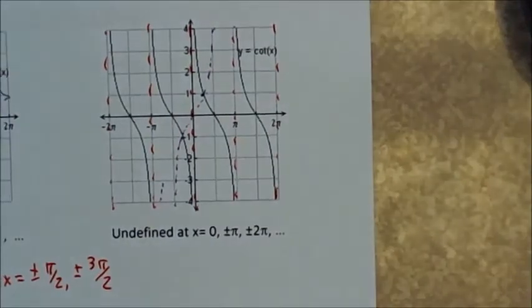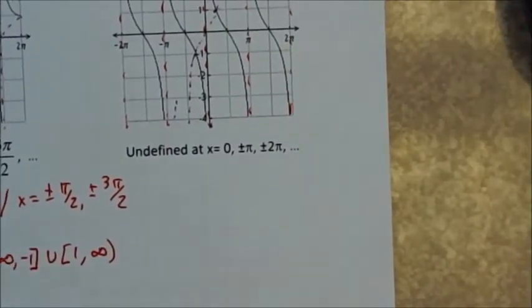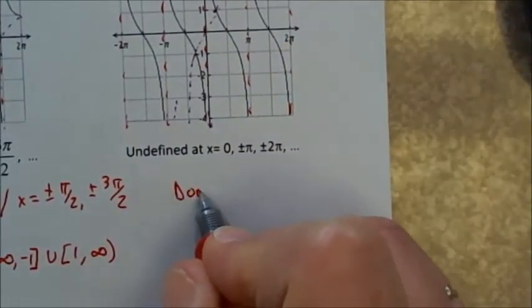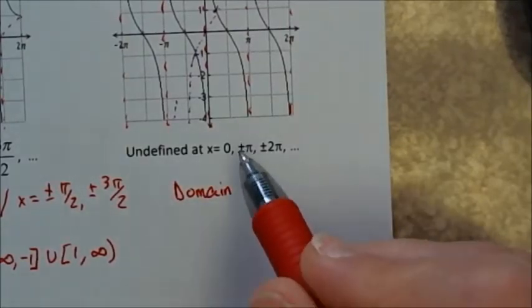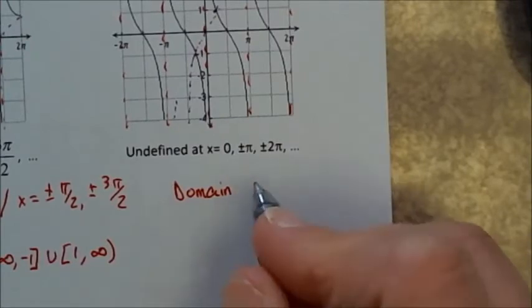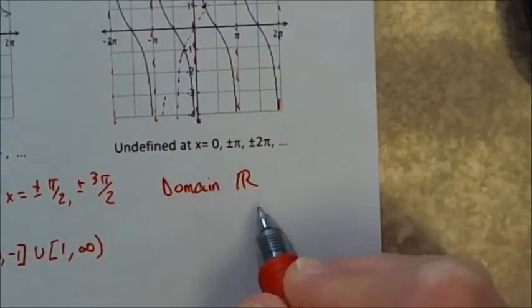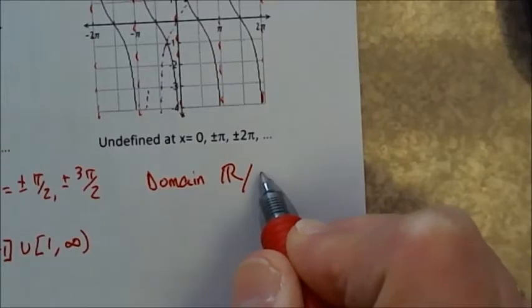I'm just drawing the 1. The domain, all real numbers except for our asymptotes again.